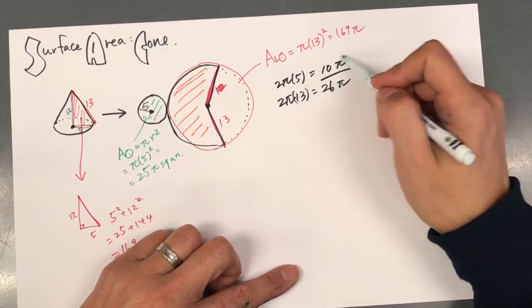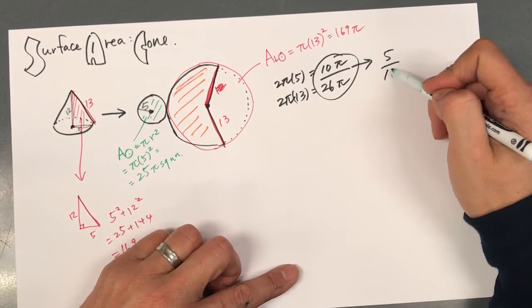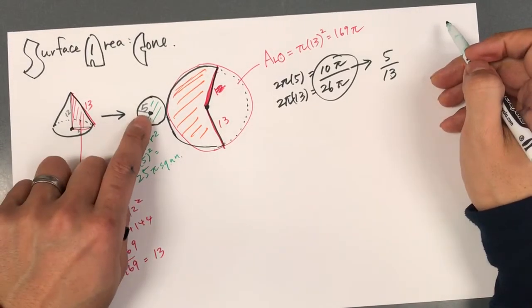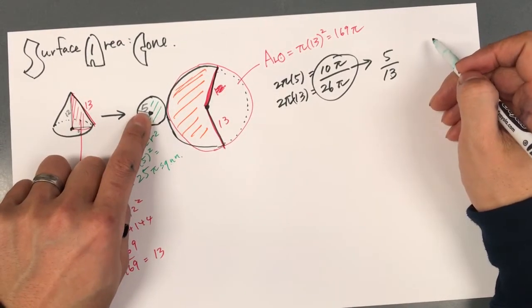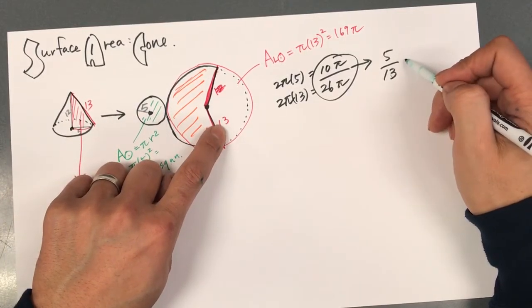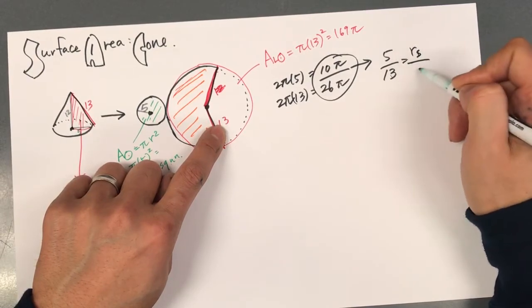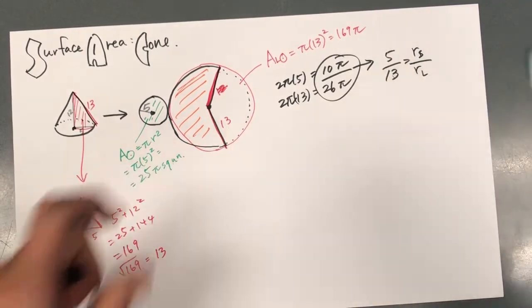That's going to be the ratio. Simplifying it, you get 5/13. That's the same as the ratio of this 5 and slant height 13. That makes sense because this is the radius of the smaller circle and this is the radius of the large circle.